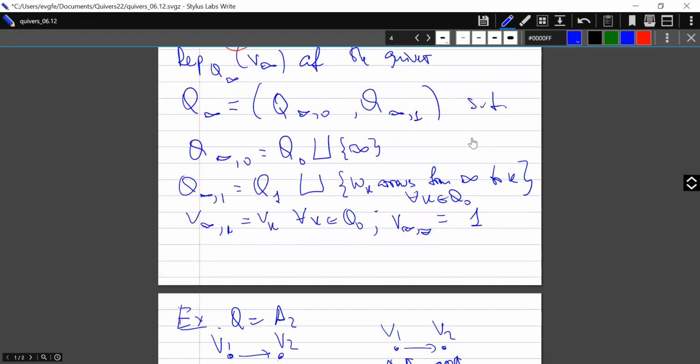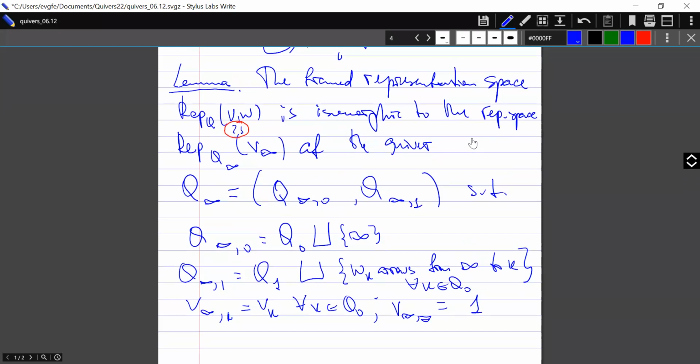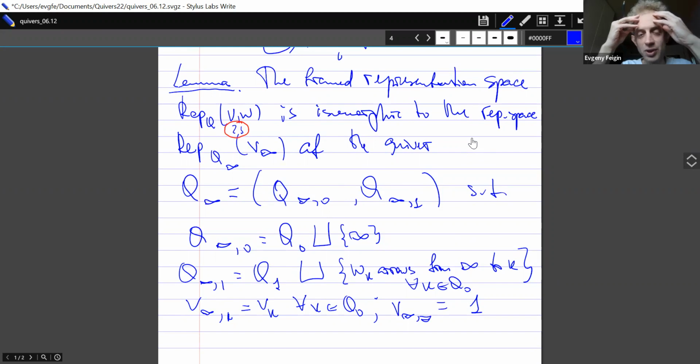But is this canonical? It seems like we fix some basis in WKs if we encode information like that, right? That's right, yeah. But you see, this representation space is the space of homomorphisms, so it's anyway a linear map, and this is just a convenient way to write it down.